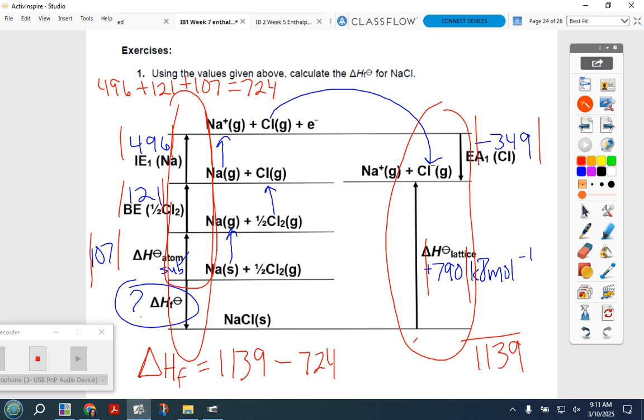That's our unknown. At the end is where you're going to need to look at the arrow to figure out the sign. So if you're solving for enthalpies of formation, your sign's going to be negative. If you're solving for lattice enthalpy, your sign's going to be positive.